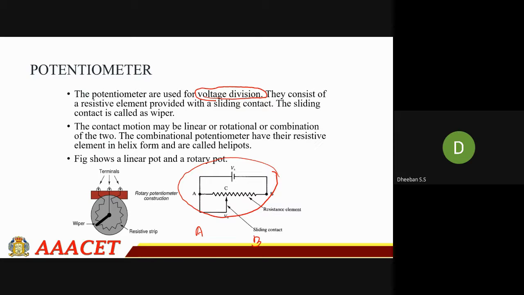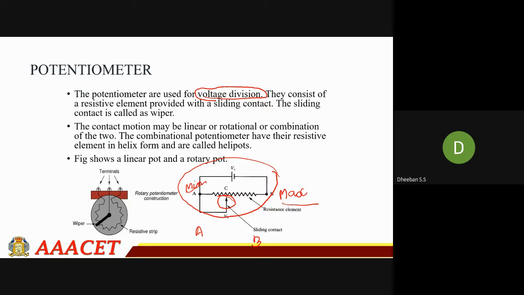One point is the minimum point and one point is the maximum point, and this is the movable part, the sliding contact. Based upon this movable part, the resistance gets varied from the minimum value to the maximum value. This is the basic principle involved in the potentiometer.